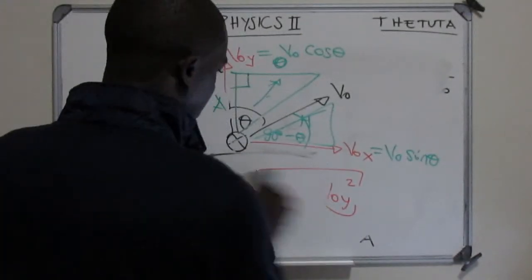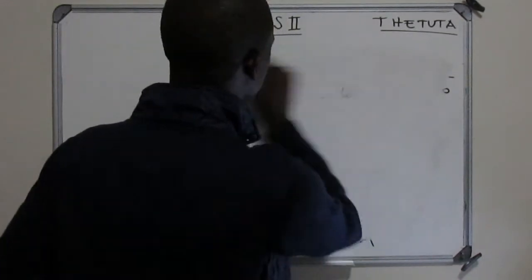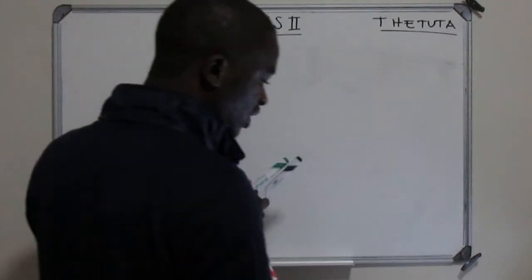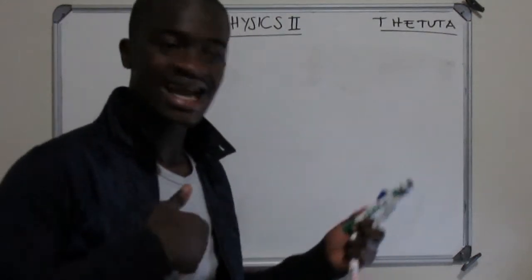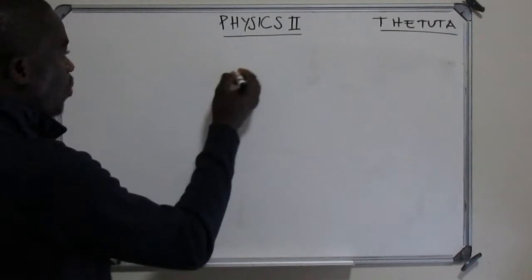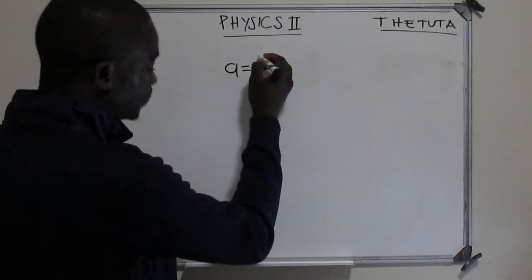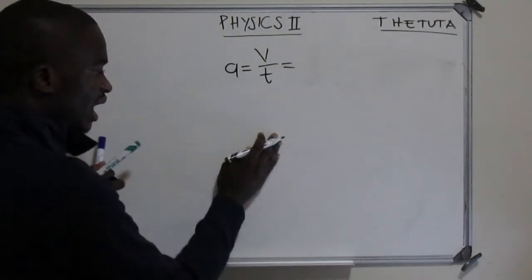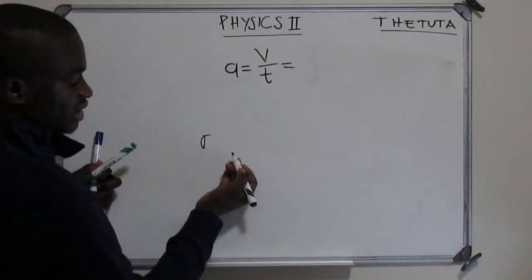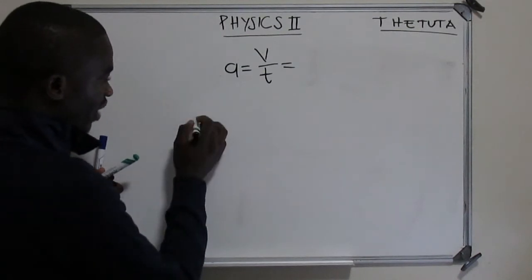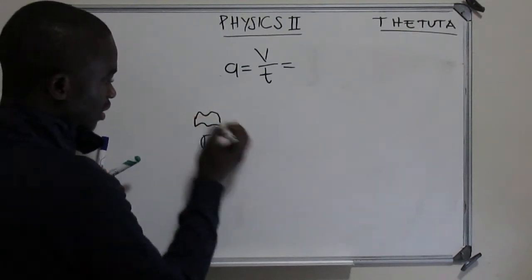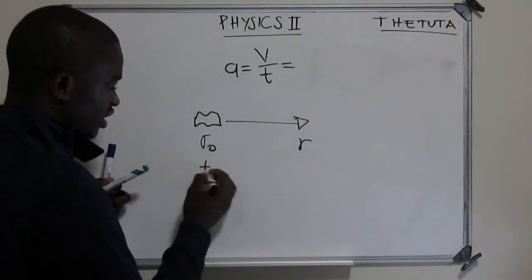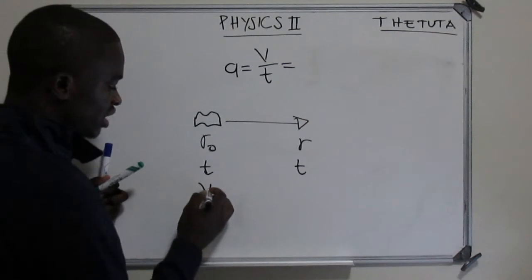Okay, and then therefore we are going to discuss as well what our acceleration is. Acceleration also is still the same concept. We're just playing with them in y and in x. Okay, so we are here. We know that our acceleration is always given by what? Okay, the change in velocity over the time. If it's a moving car, moving from an initial position to a final position, we have a change in time, and then we're going to have a change in velocity.